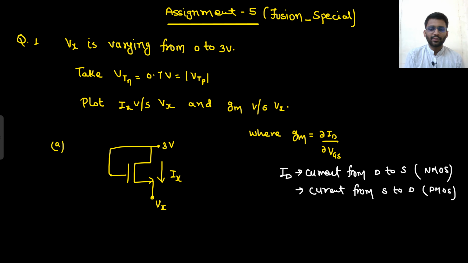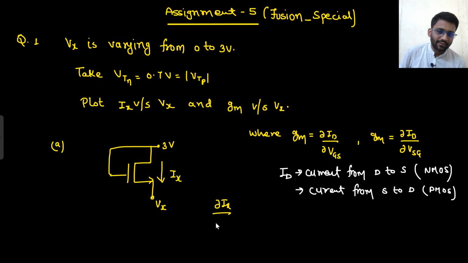This should be defined in the question only, and also the GM value should be given, that should be del ID upon del VSG. If they have given that your GM is del IX upon del VGS, then there would be no problem.